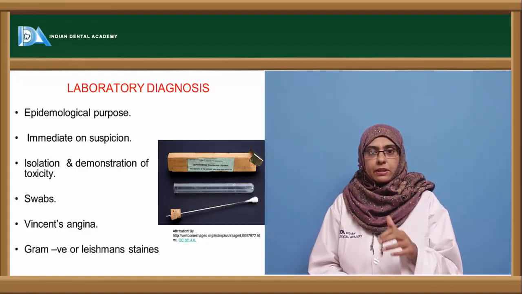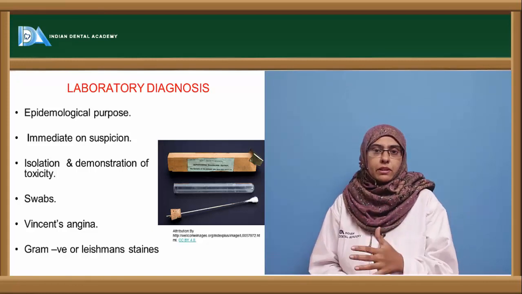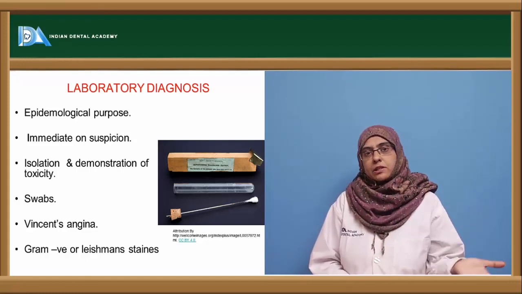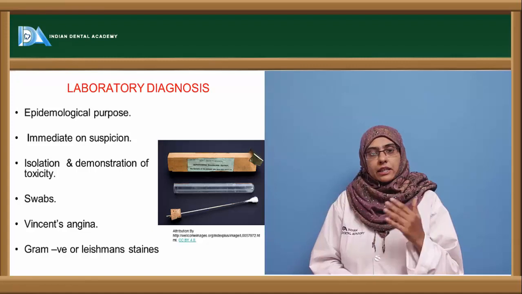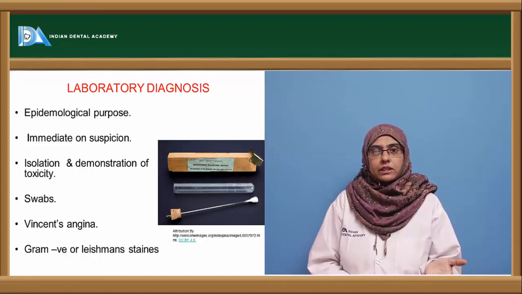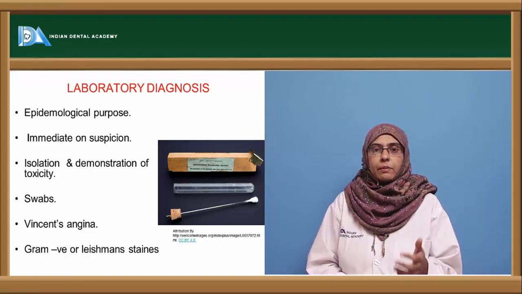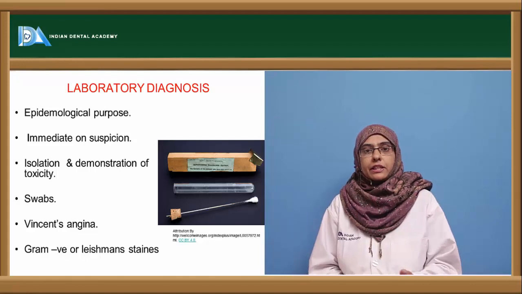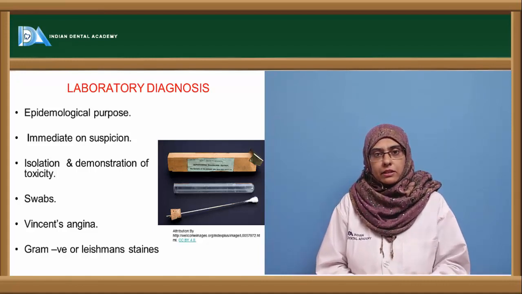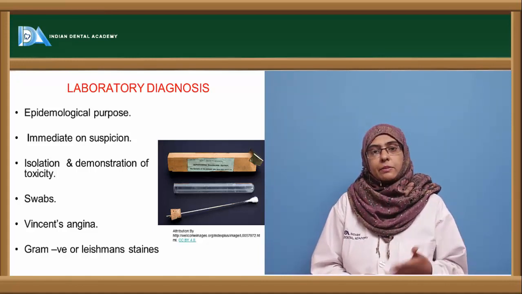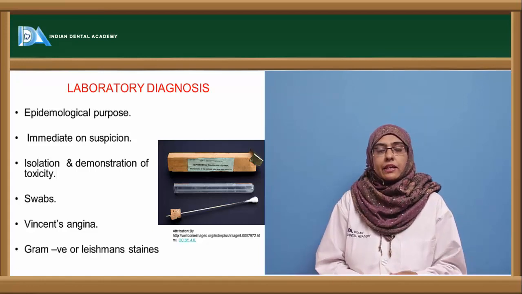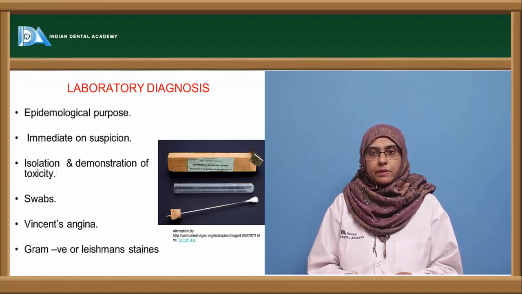Once it has been established that the person is suffering from the disease, we have to prevent the spread of the disease. So the lab diagnosis is for controlling the spread and for epidemiological purposes rather than treating the patient. The treatment has to be started immediately on suspicion. Any delay can be fatal to the patient.